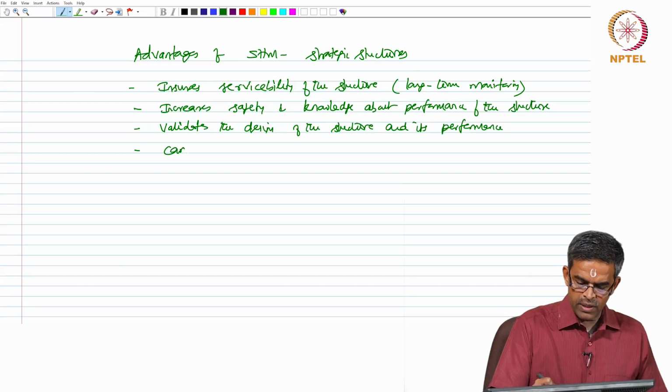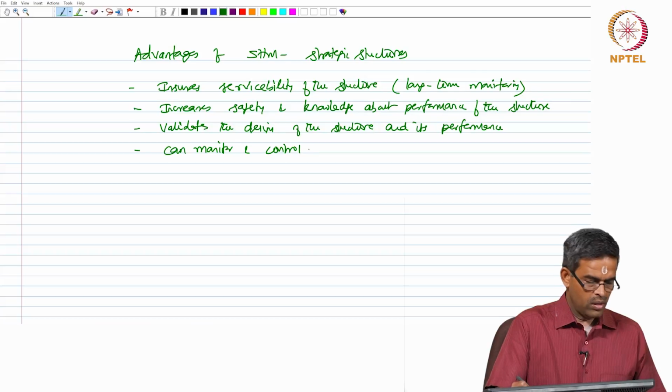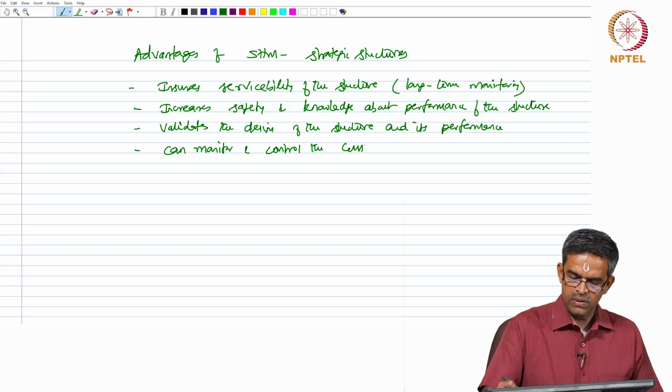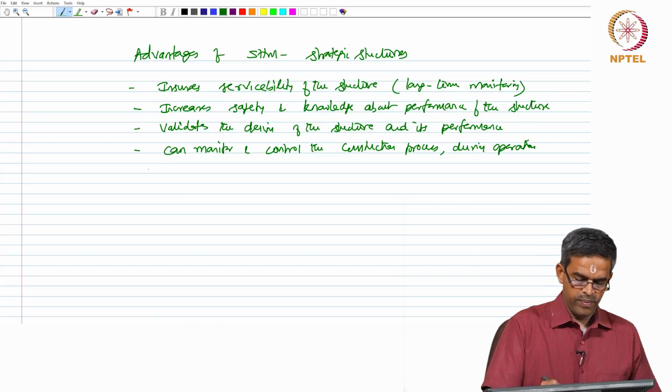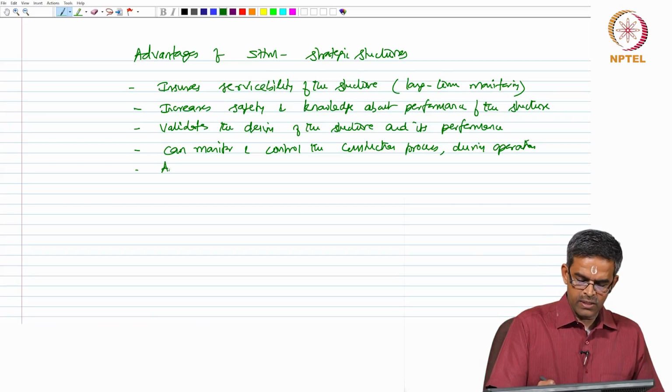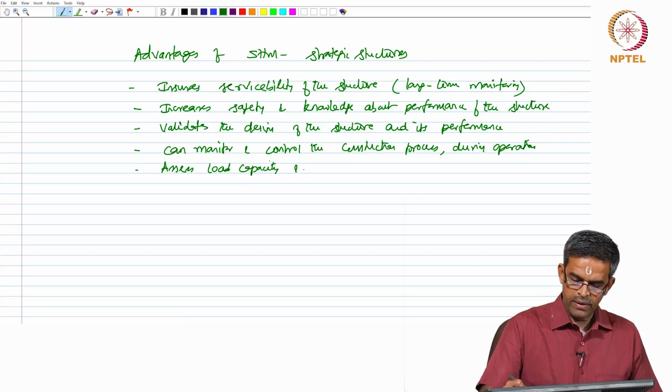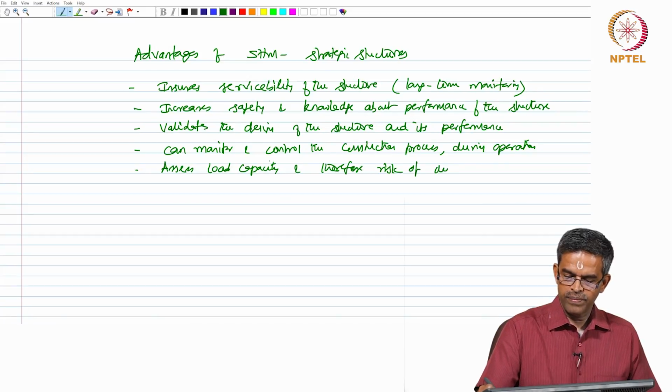It can monitor and control the construction process during operation as well. It can assess the load capacity and therefore, the risk of the structure.